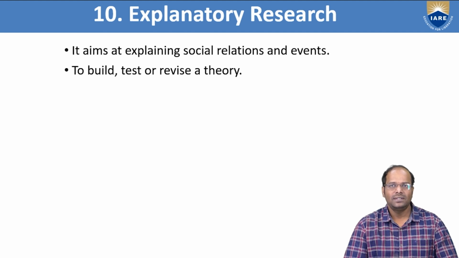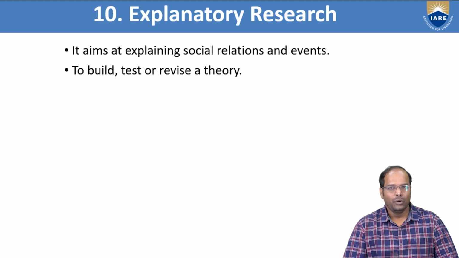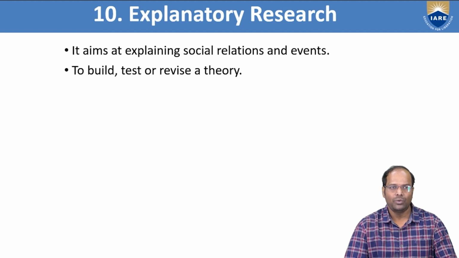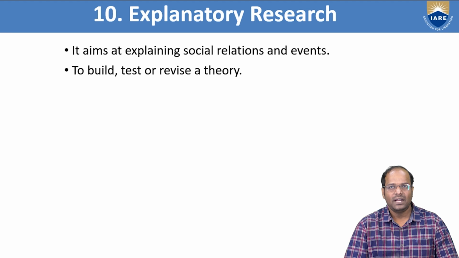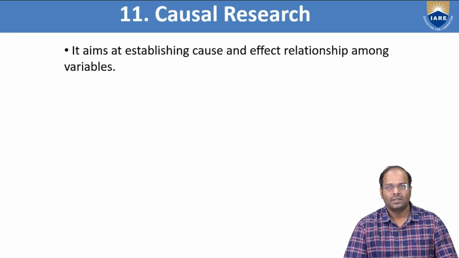So another one, the 10th one, is explanatory research. It aims at explaining social relations and events to build, test or revise any existing theory that is available, to revise an existing theory that is not true. That is the explanatory research.